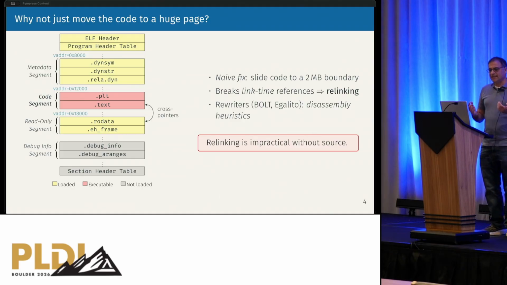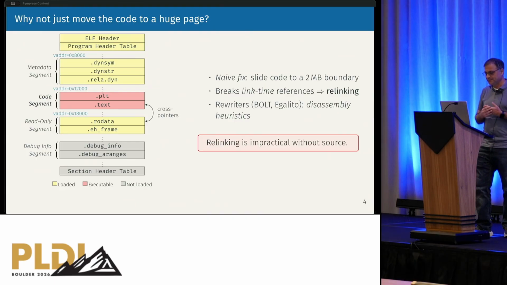You may say executables are relocatable, so we can maybe move the code segment out of where it is and put it in a different place on a huge page. To understand the problem, let's look at how executables are laid out, as we can see here in an example.